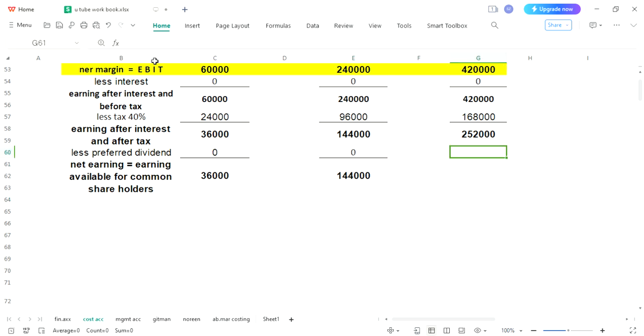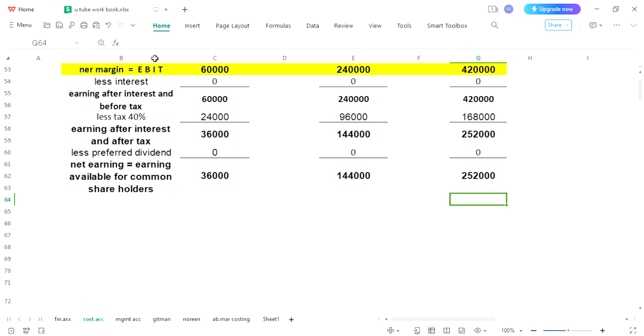In a similar way, there is no preferred dividend for the third option as well, and we have our earning available for common shareholders by subtracting preferred dividend from previous earning. 2,52,000 previous earnings, subtract dividend, we have got earning available for common shareholders.